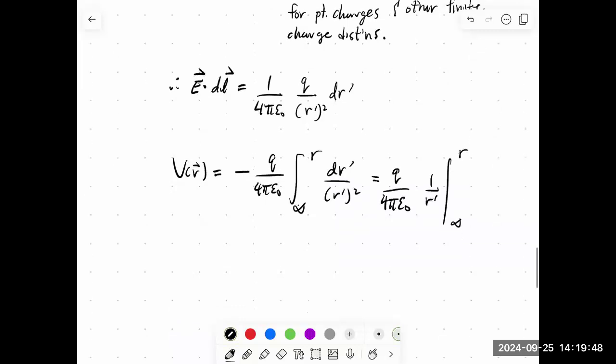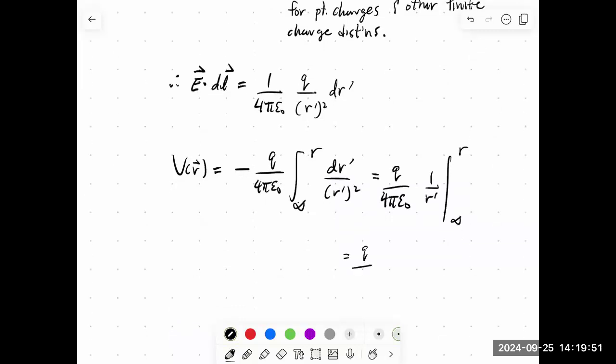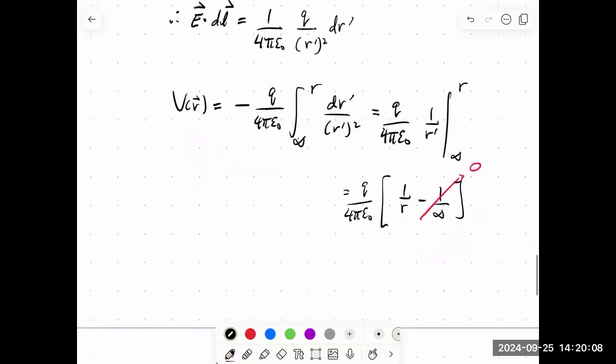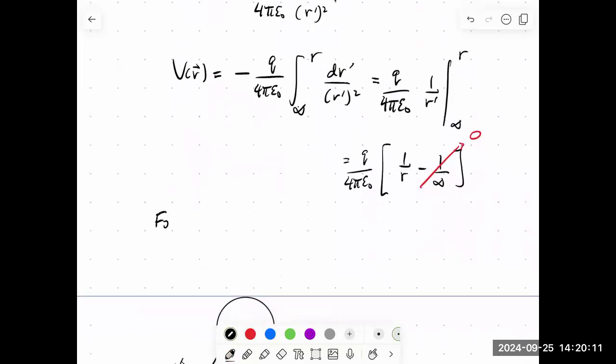So this is equal to Q over 4πε0 times 1 over r minus 1 over infinity, and the inverse of infinity is 0. Therefore we get our result that for a point charge, the potential is equal to 1 over 4πε0 Q over r.